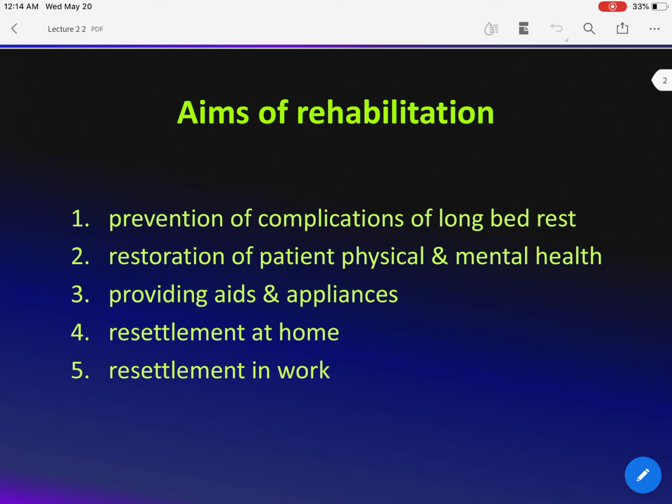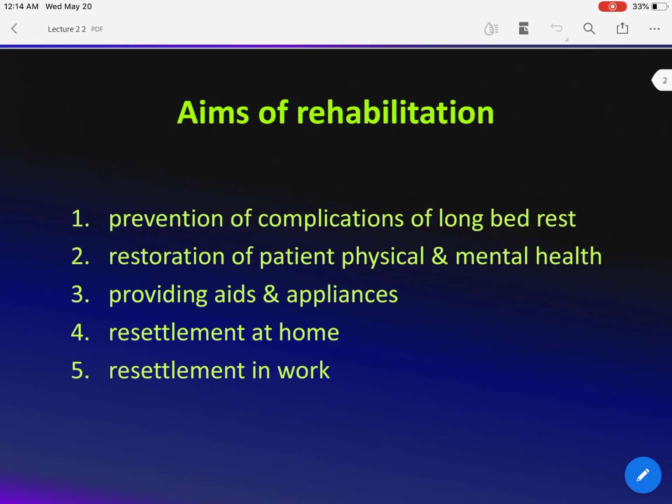Aids and appliances, advanced aids for resettlement at home, means arrangement for the crippled patient at home, and resettlement in work means we try to fulfill what the patient lost.